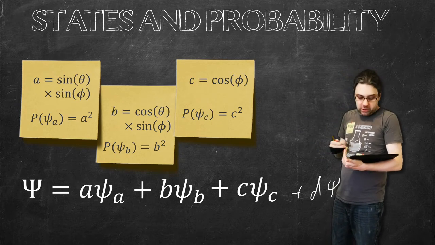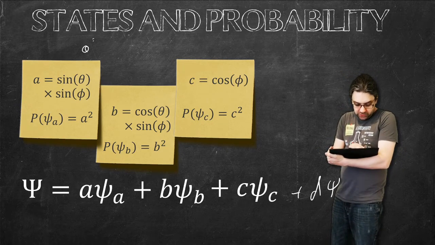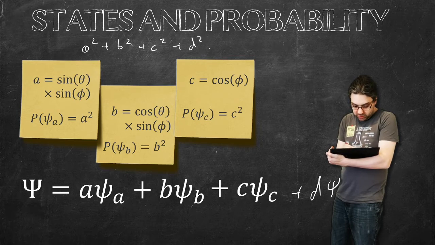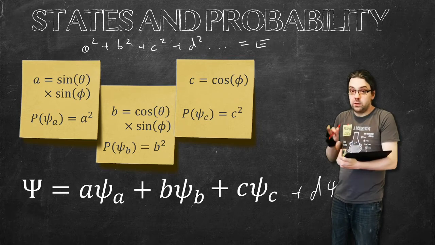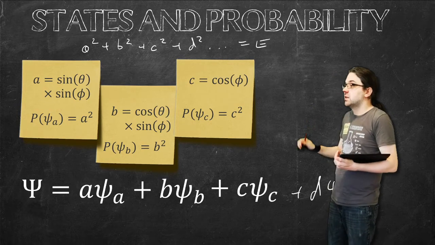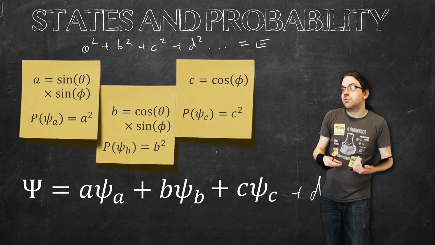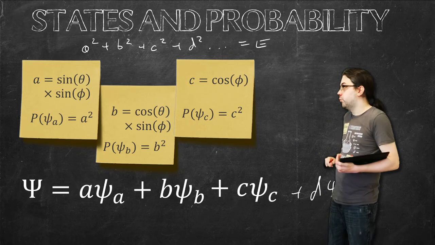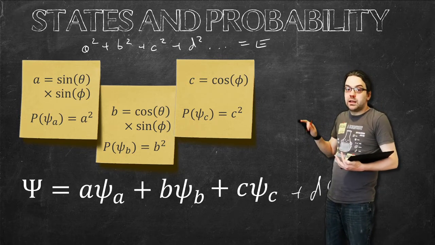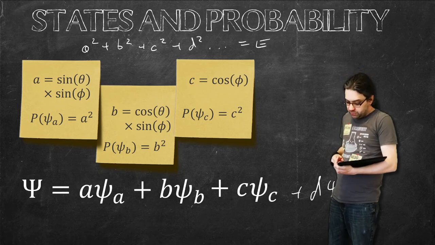We can just build on. As long as all of these coefficients, a squared plus b squared plus c squared plus d squared, all add up to 1, this can be valid. We can mix the states together, we can mix and match them in different amounts, and the odds of us finding a particular pure state when we measure it can be found by squaring those coefficients.